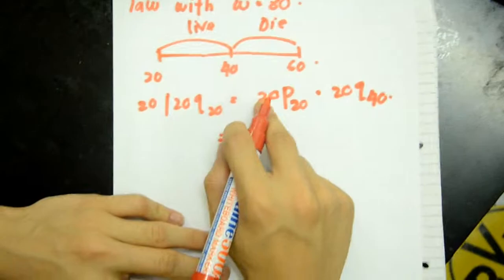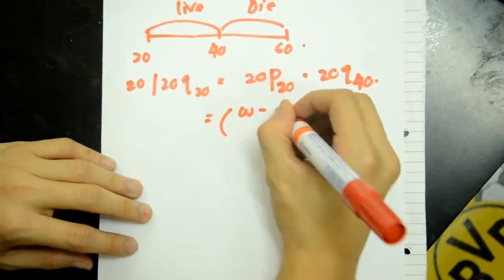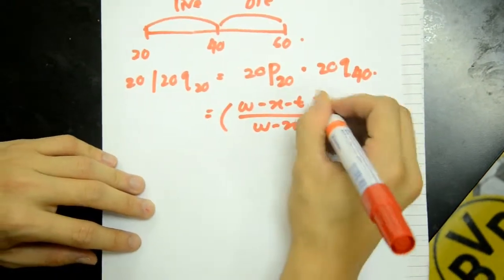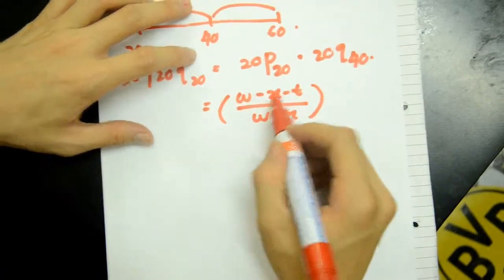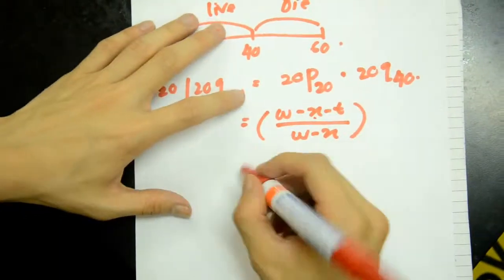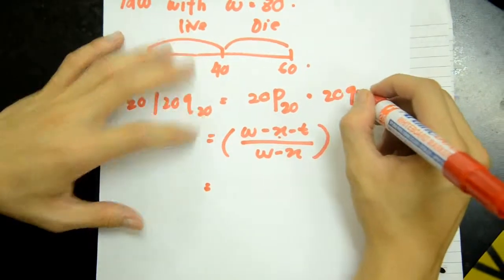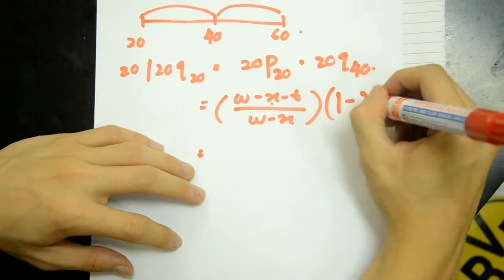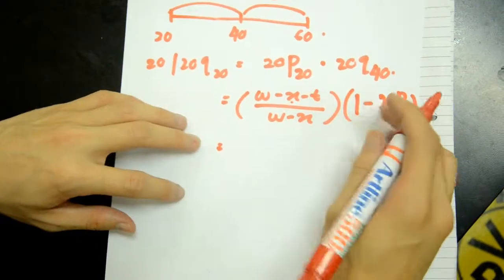For 20p20, solving this, you will have (omega minus x minus t) divided by (omega minus x), where omega is the limiting age, x is the person's age, and t is the time. So insert the equation, and for 20q40, you only have 1 minus 20p40. You will get the same amount.